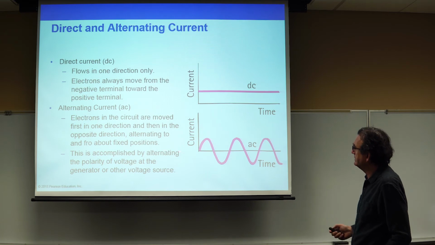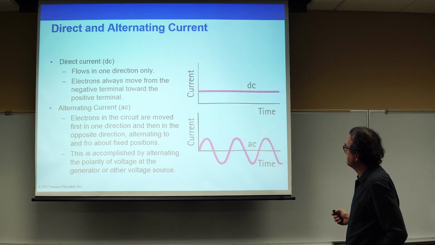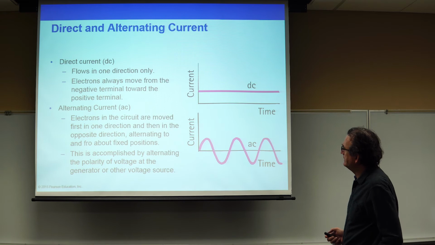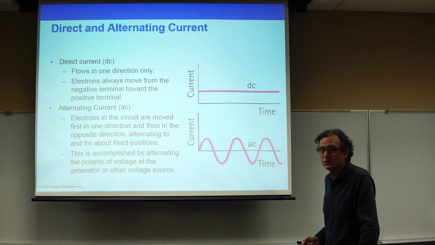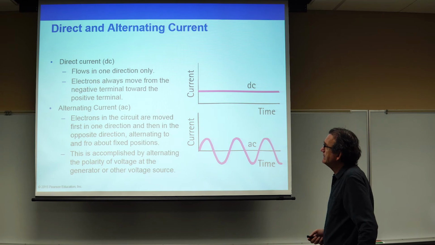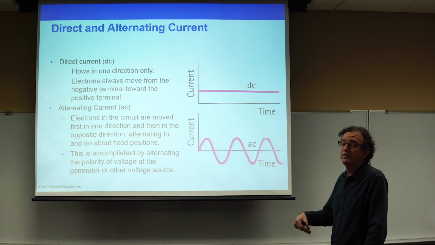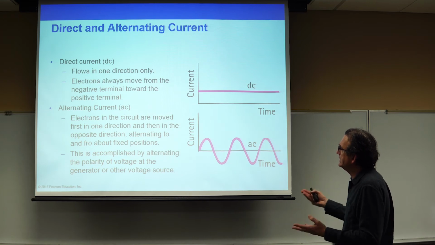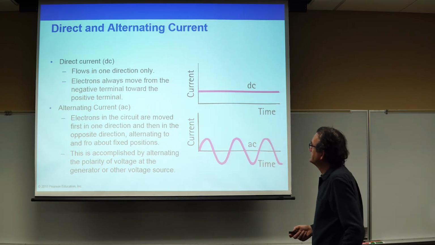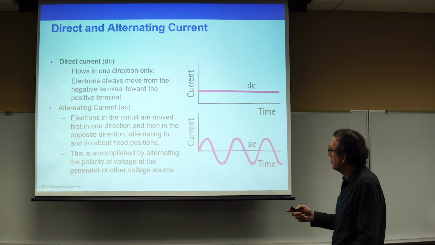Alternating current, on the other hand, has the property that the current is going up and down with time. In this case, if the voltage that's driving the current has this sine wave going up and down from positive volts to negative volts, then the current will also go from positive to negative and follow the direction of the applied voltage. And this is basically the difference. So now you can see quite clearly the difference between DC and alternating current.